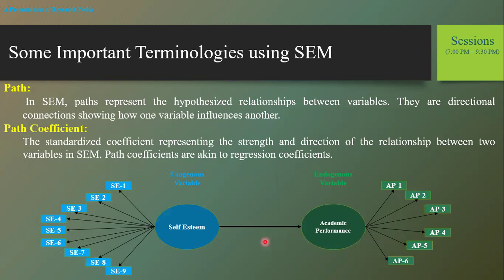So the coefficient value or the beta value for this relationship is considered the path coefficient. So whenever I use the word path coefficient, it means the coefficient value for the relationship between exogenous and endogenous. So you need to understand this term.